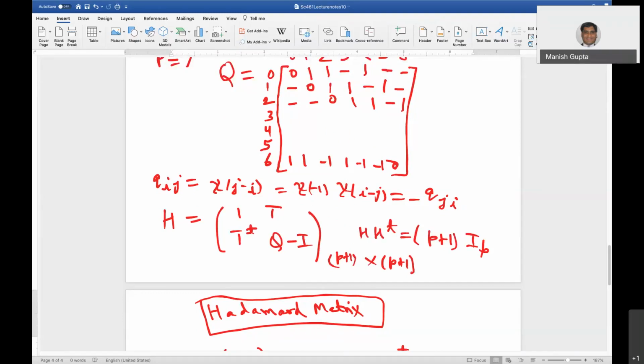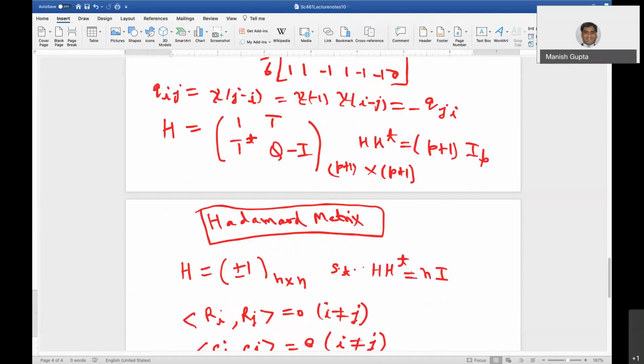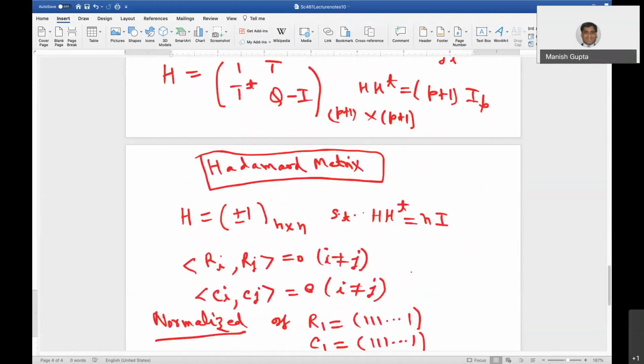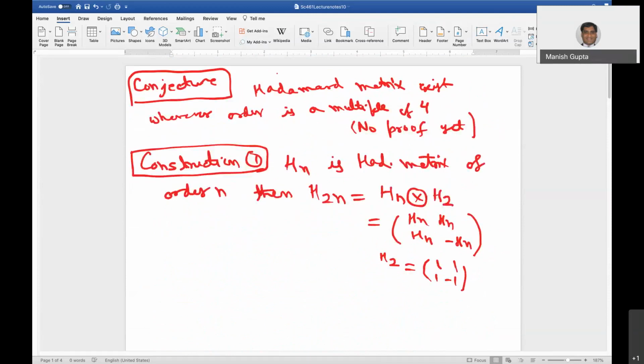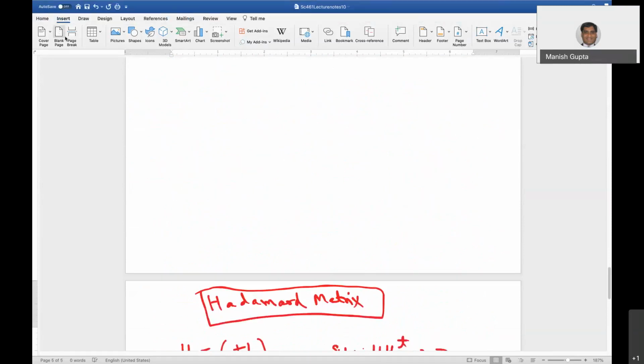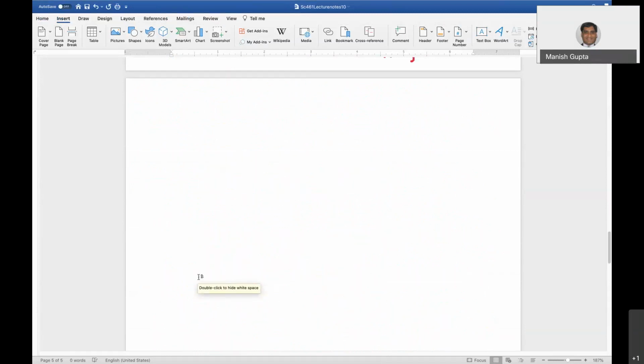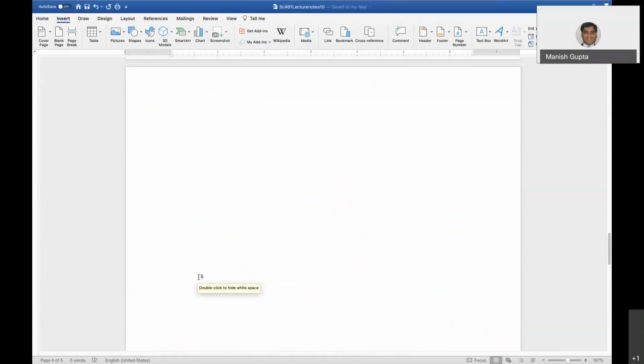Okay. Now I am ready to describe what is known as the Golay code construction. I am going to construct the extended Golay code.